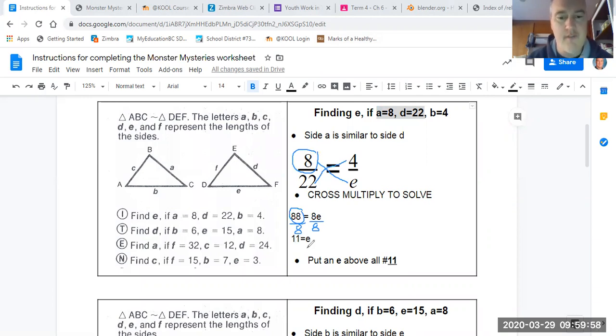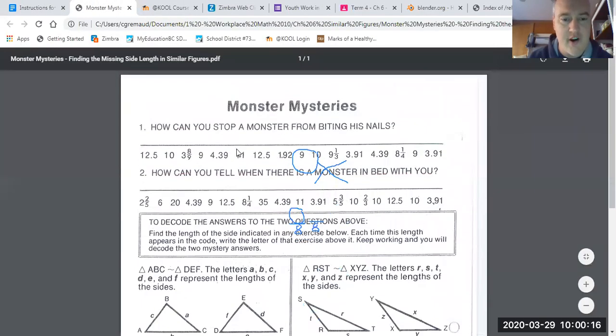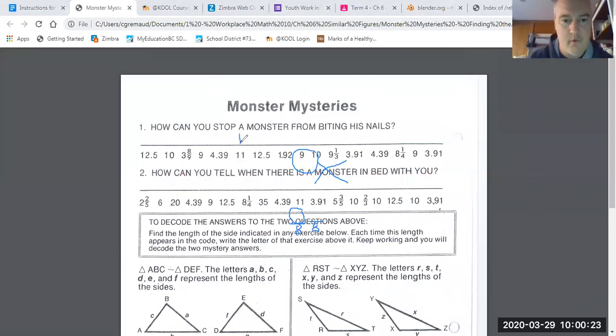Now what we can see hopefully is that the side length of e now is 11. But what I need to do then is put that onto my worksheet. So I'm going to go up to my worksheet here, and where I see the number 11, I am going to put the letter I. And I will put another letter I just above this 11 here that occurs.